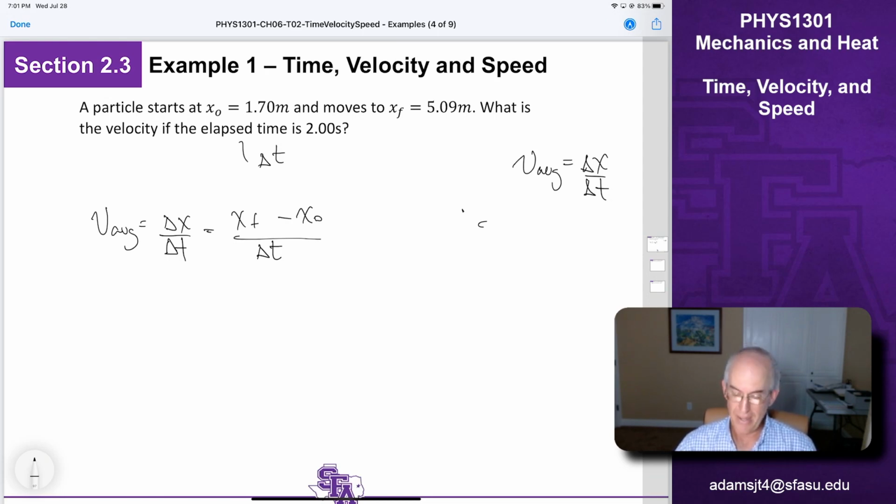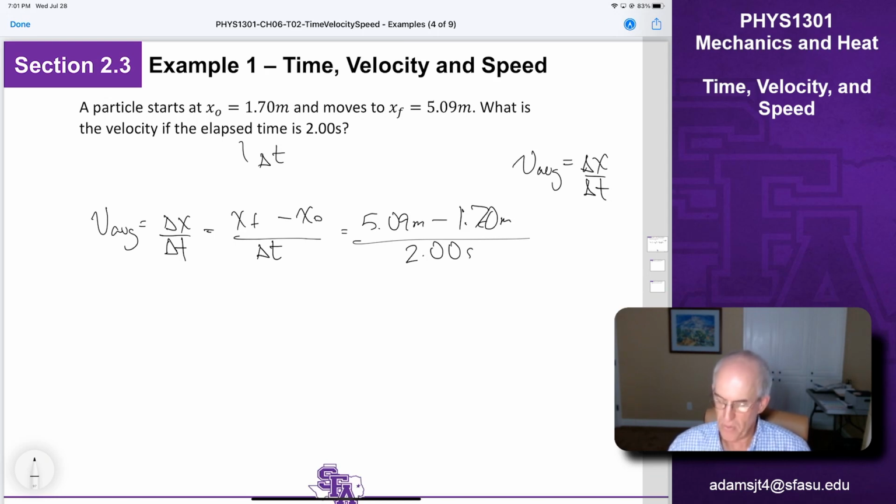And now I'm ready, with just a little bit of manipulation, to plug in some numbers and get an answer. So my final position was 5.09 meters. My initial position was 1.70 meters. Hopefully you can read that over those scribbles. For my elapsed time, that's just 2.0 seconds. So I'm going to plug all this into my calculator. 5.09 minus 1.7 divided by 2.